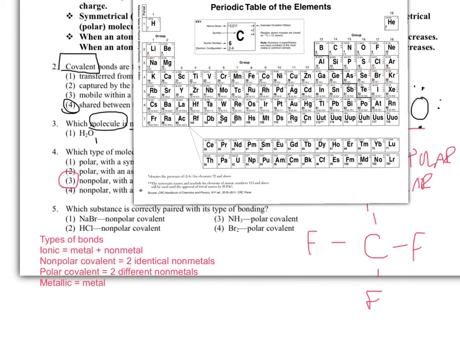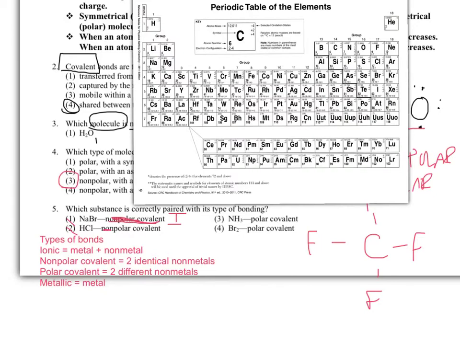So this choice is not correct. Instead, it is ionic. Now, hydrochloric acid, here we have hydrogen and we have chlorine. These are two nonmetals. Remember, hydrogen is in fact a nonmetal, making it a covalent bond, but since they are not the same element, it will be a polar covalent bond. So this is not acceptable because it is a polar covalent bond.